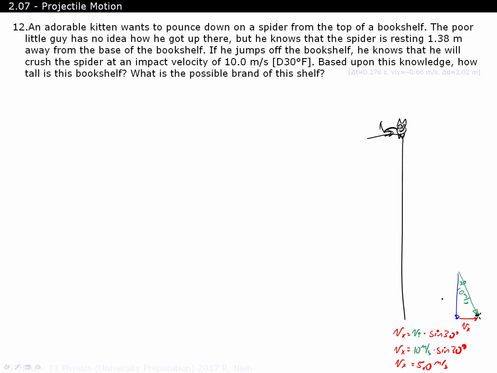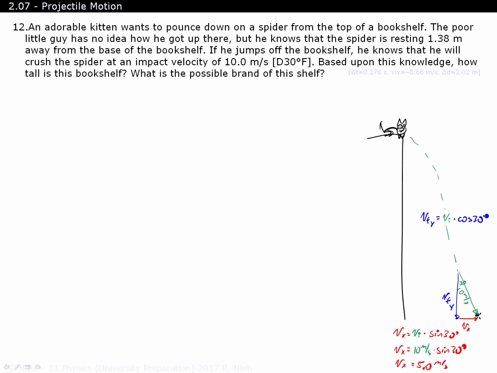We can also find out our Vf in this problem here. Our Vf, and it's a Vf in the y dimension, is equal to our hypotenuse of Vi, and because it's beside 30 degrees, times the cosine of 30 degrees.